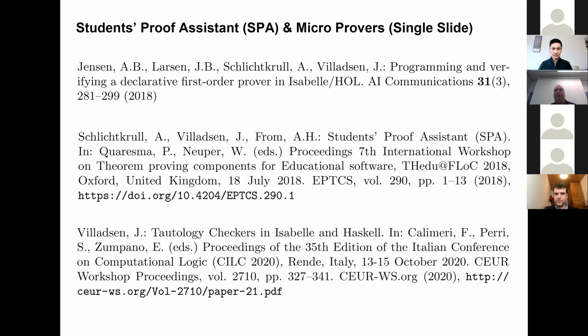And also, if you want just a single slide with the semantics of propositional logic and a prover, all shown to be terminating, sound and complete, we have a number of options there that the students can play with and, for instance, export to Haskell.